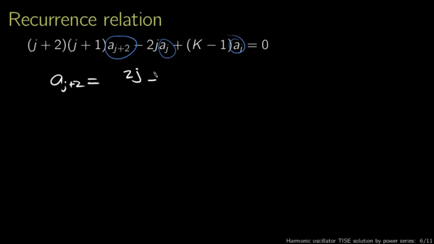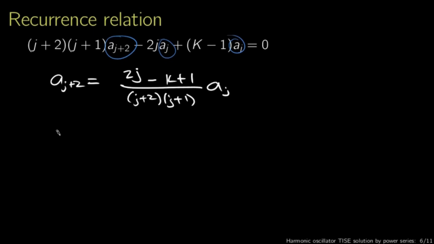It's equal to (2j minus k plus 1) over (j plus 2)(j plus 1), times a sub j. So this tells us what our a sub j plus 2 is in terms of a sub j.